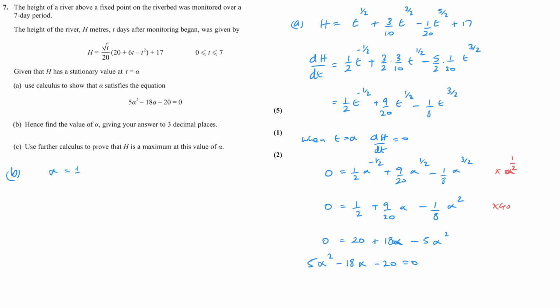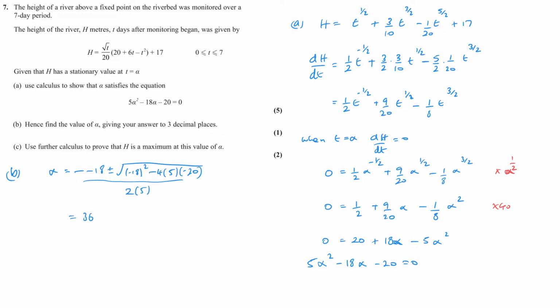So minus b plus or minus the square root of b squared minus 4 times a times c, all over 2a.